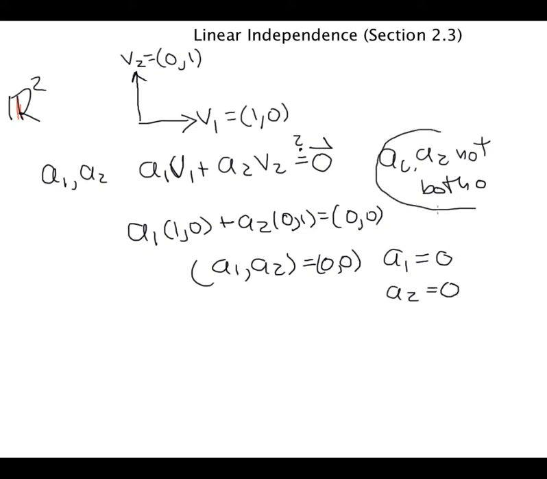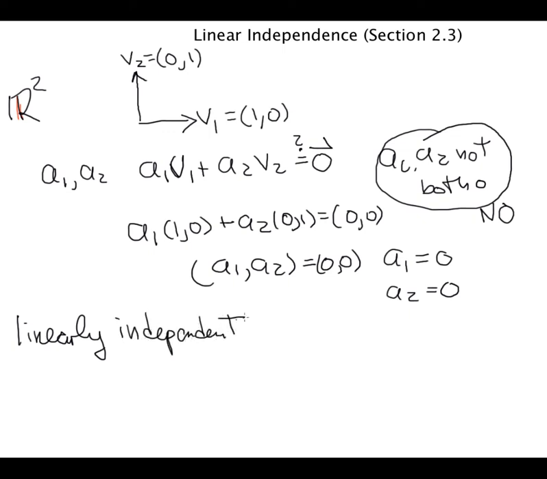And I asked up here, can I do it when they're not both 0? And the answer was no. And this is an example, these two vectors are linearly independent. And for two vectors, it's just saying that they're pointing in different directions.